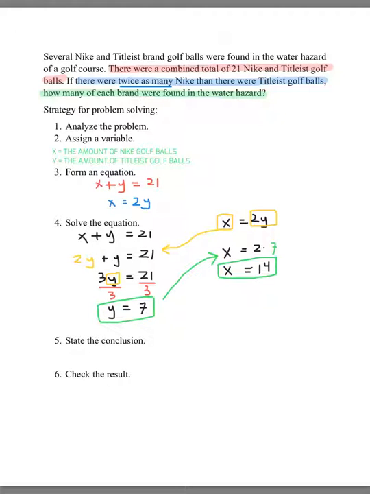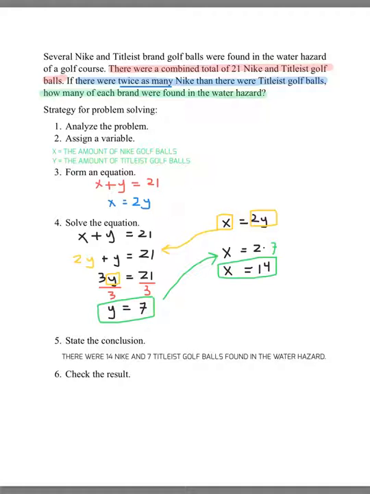Keep in mind that we want our conclusion to be worded in the form of a statement, which is reflected from the question. So the question was how many of each brand were found in the water hazard. So therefore our conclusion is going to be there were 14 Nike and 7 Titleist golf balls found in the water hazard. Again, it's simply the question reworded in the form of a statement.